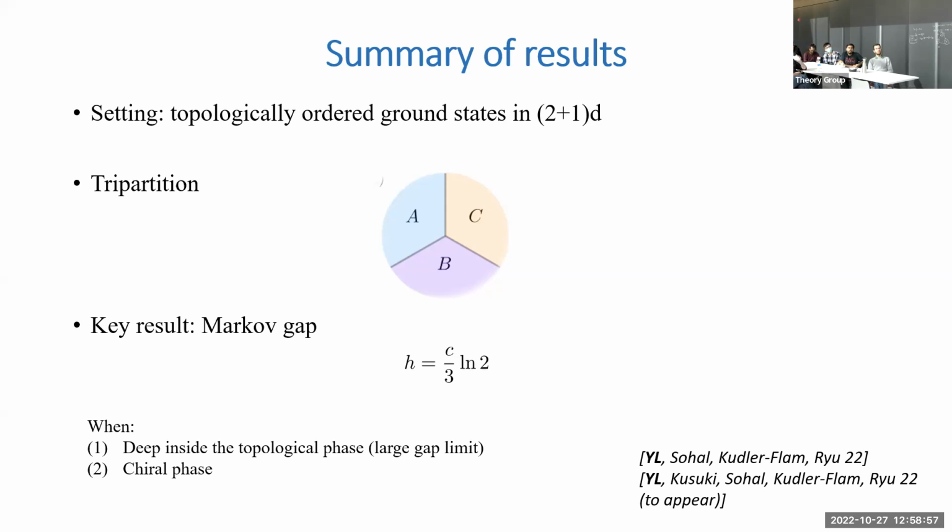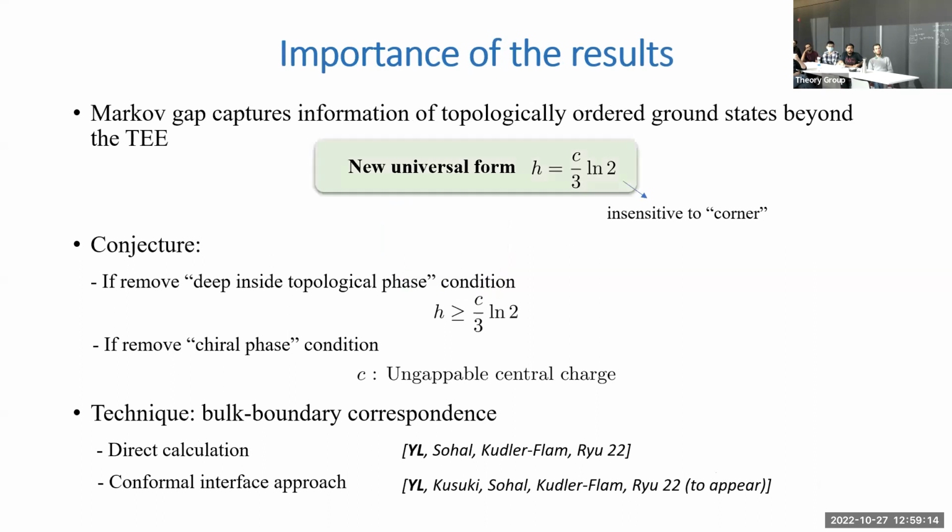This result is rigorous under the following two assumptions: that we consider the system deep inside the topological phase, and that we are talking about the chiral phase. I want to advertise that it is an important result because the Markov gap can capture significant information of the topologically ordered ground state that is beyond the topological entanglement entropy.